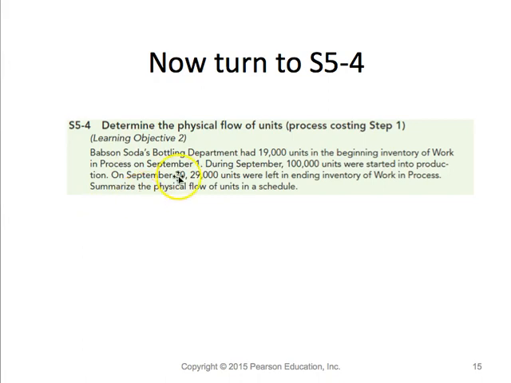On September 30th, 29,000 units were left in ending inventory of work in process. So we're going to see how much is the total for the physical flow of units in the schedule.